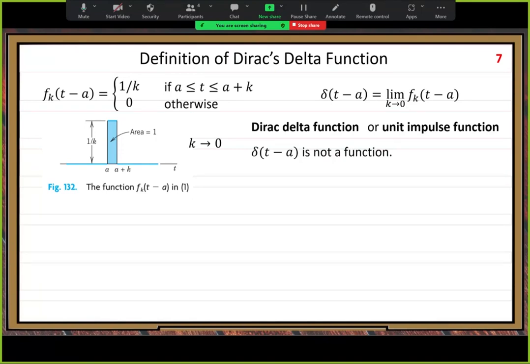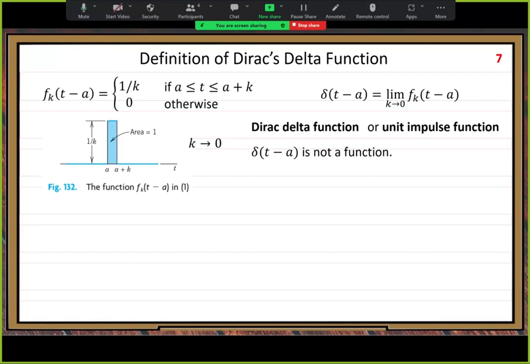Now this delta of t minus a, we shift the position. The original delta function is at 0, delta of t, where a equals 0. But we shift to a general location a. After that, the first thing we know is this is not a function, right?